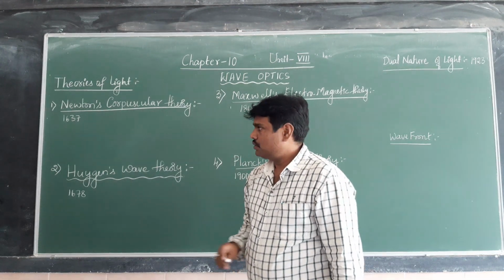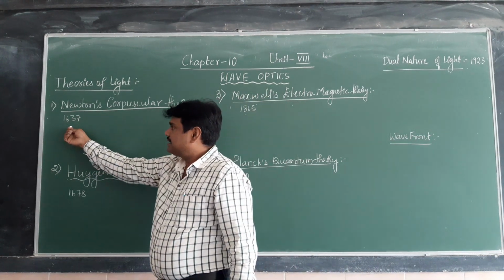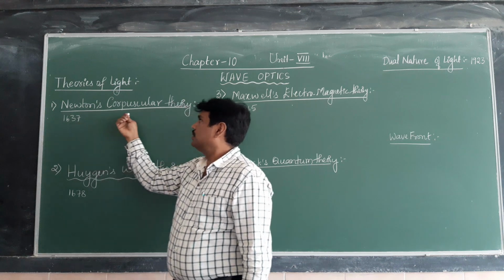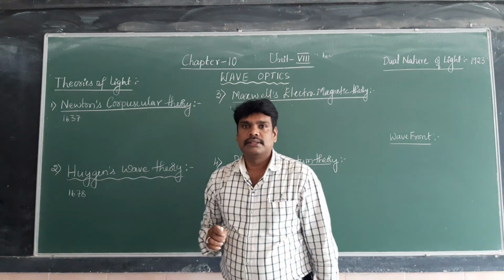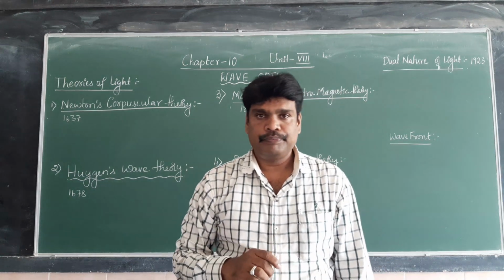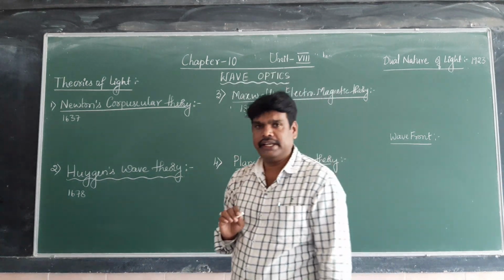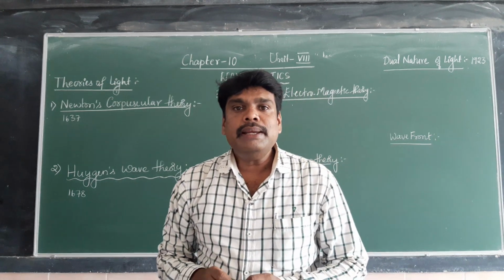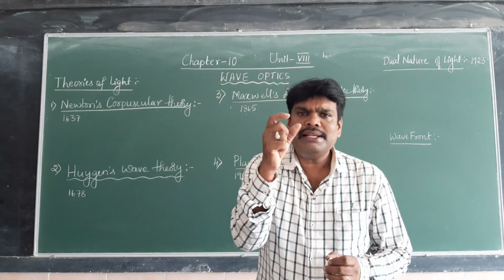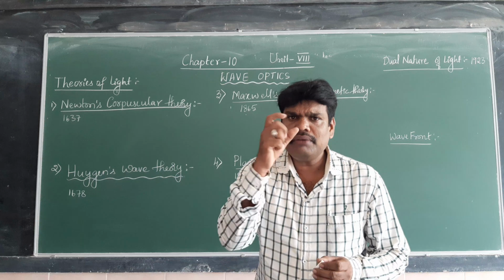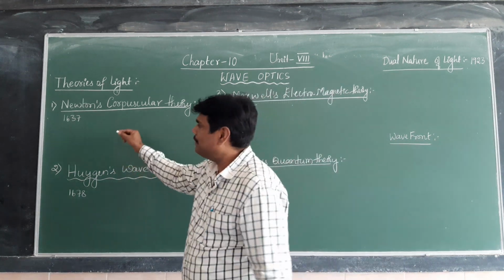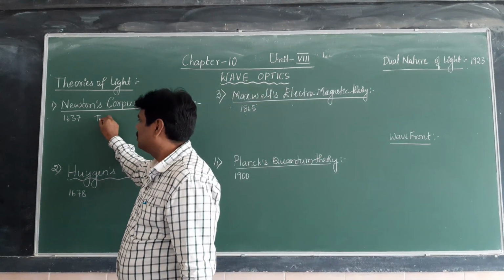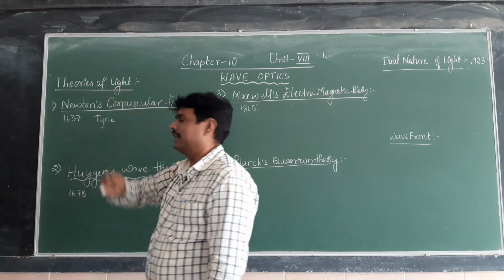In the year 1637, this theory was proposed. According to this theory, light is treated as a tiny particle. Tiny means very small particle. This is one condition.